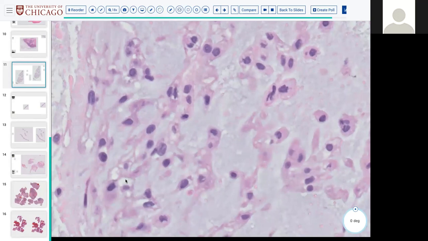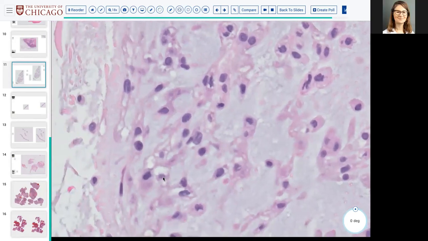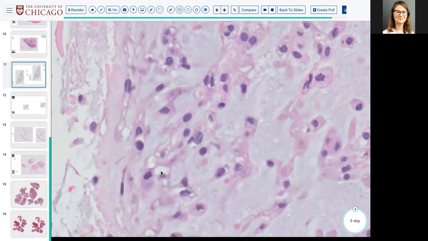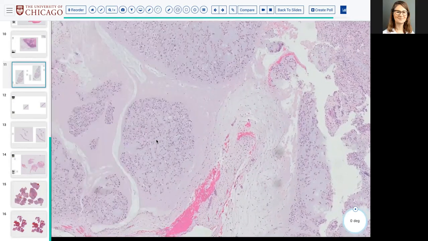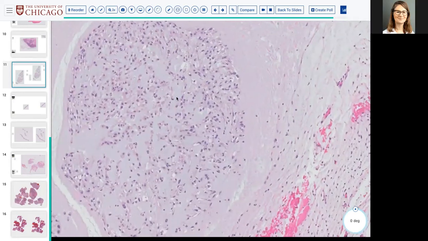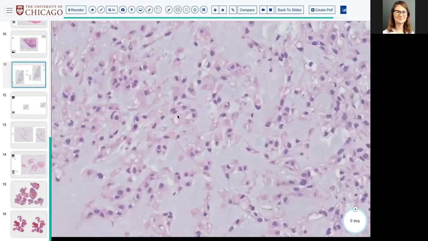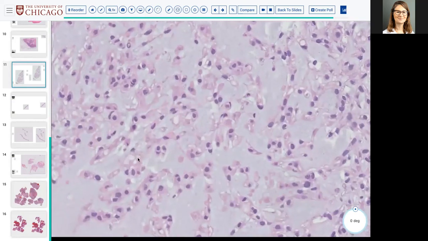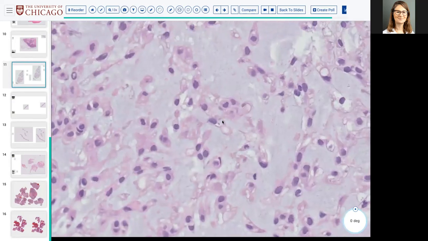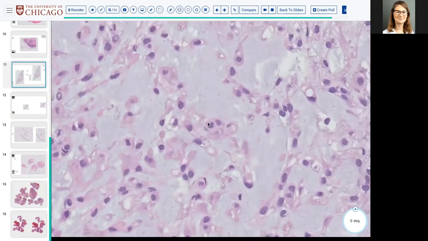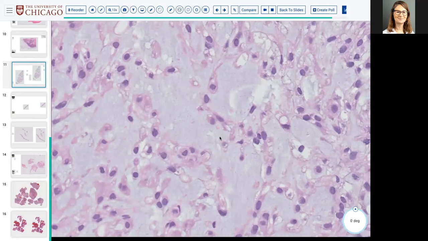A ton of pink cytoplasm. There's a lot of pink cytoplasm, and within the pink, there are also these vacuoles. Yeah, vacuoles. I know that they're not everywhere, and I just pointed you to a blurry one, but as we scroll around, you can see these vacuoles within the abundant pink cytoplasm, all of these cells embedded in this myxoid background.